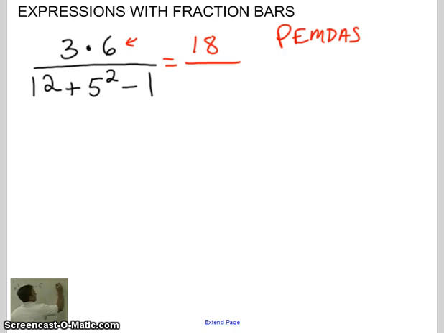Exponents, yes, I have this 5 squared, so 5 squared is 25, 5 times 5. And then I bring everything else down, work from left to right, because I just have addition and subtraction left. 12 plus 25 is 37, minus 1 is 36. Then I can simplify it. 18 divided by 36 is 0.5, or 1/2.